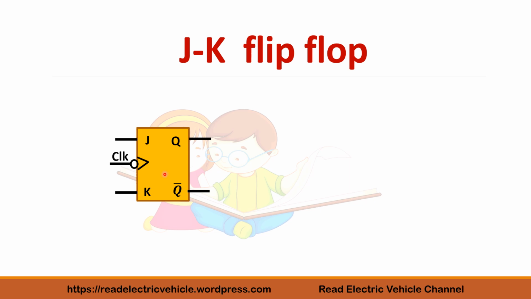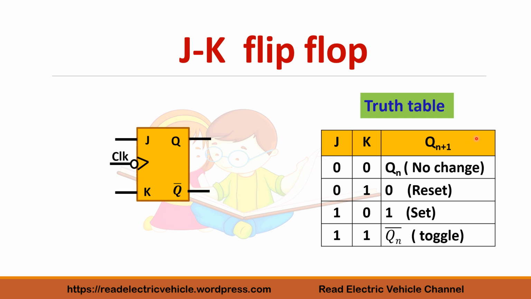You can use any flip-flop to design the counter if it is not specified in the question. So I am going for the JK flip-flop. Take the JK flip-flop and recall the truth table once. When both J and K are 0, there will be no change in the next state. When J is 0 and K is 1, the output will be reset, and if J is 1 and K is 0, the output will be set.